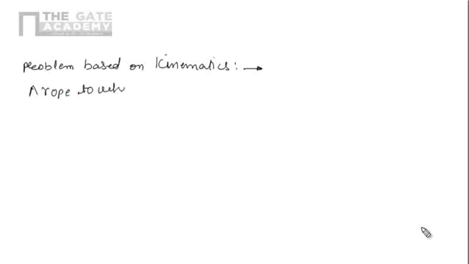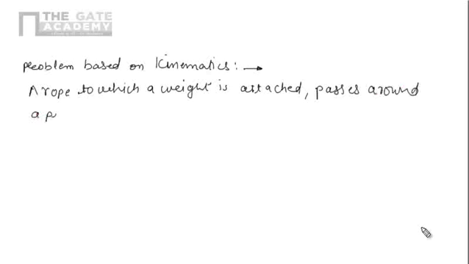So let's take a problem based on kinematics. Here I am writing the problem. A rope to which a weight is attached passes around a pulley of 50 centimeter diameter.